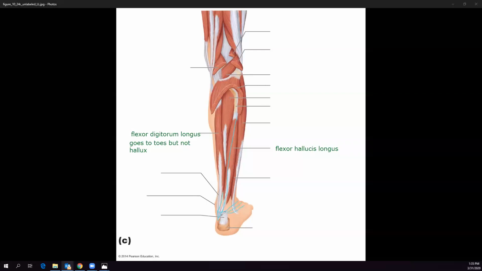So these cross down here underneath the medial malleolus, and it gives more pull on the flexor hallucis longus. The tendon gives us more pulling ability because it ends up being a longer tendon than what you get going from the flexor digitorum.